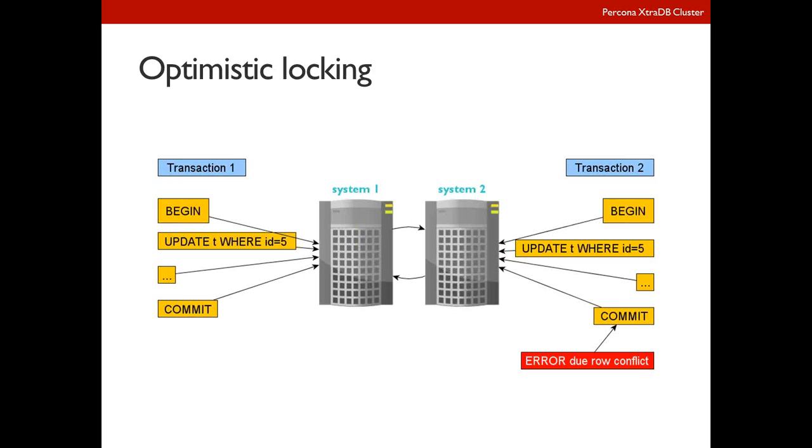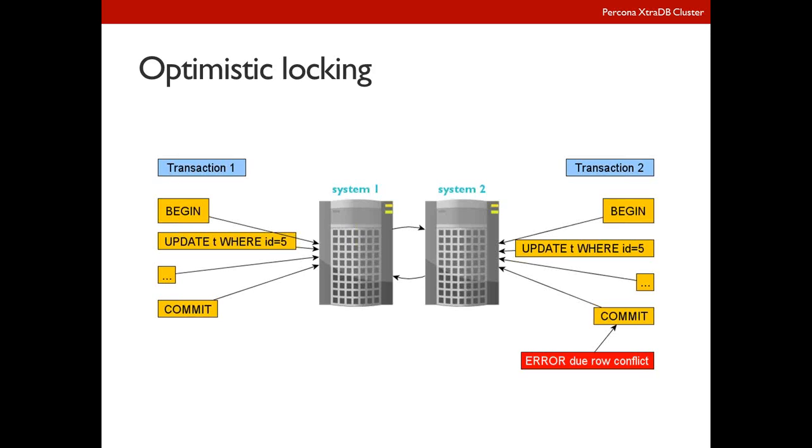If we run a transaction on the same server, we have traditional InnoDB locking, and on different servers, it is optimistic locking. Two transactions are running in a kind of lockless mode, and they assume there are no conflicts, and later, only on the commit stage, transactions communicate with each other.